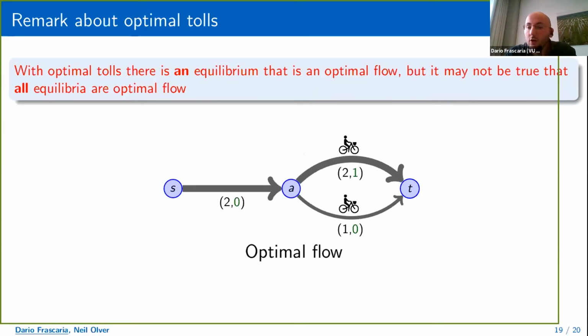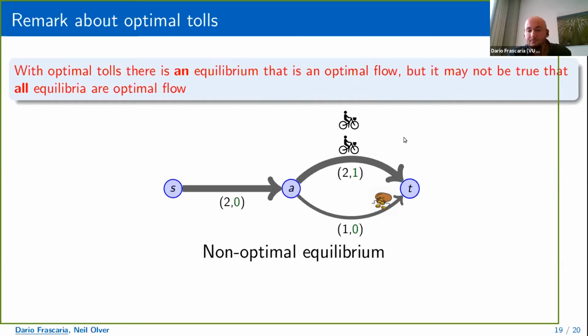To make this flow an equilibrium, we need to insert a toll on the bottom arc so that these two agents have the same cost and none of them has an incentive to change strategy. But now we get an equilibrium even if both of them take the top arc, because again, there is no difference in cost between these two arcs, and this is not an optimal equilibrium. So even with optimal tolls, we might have inefficiency.